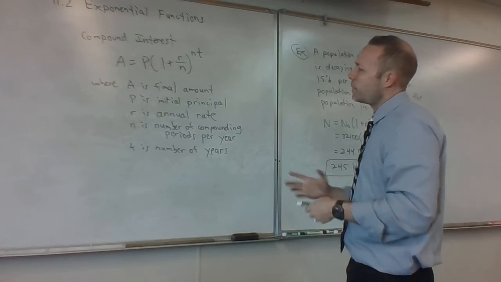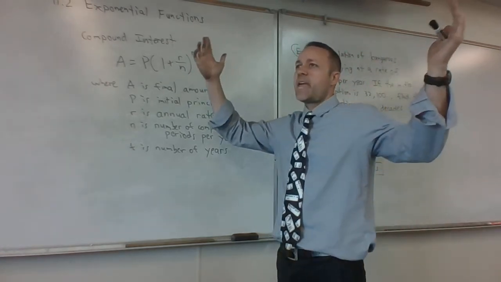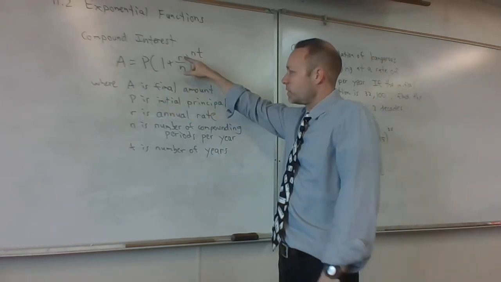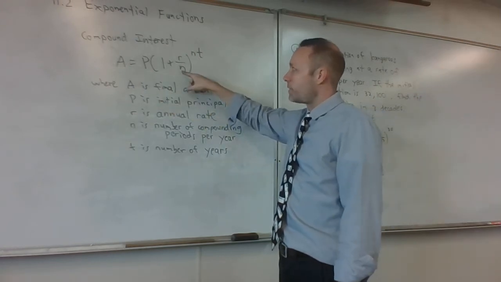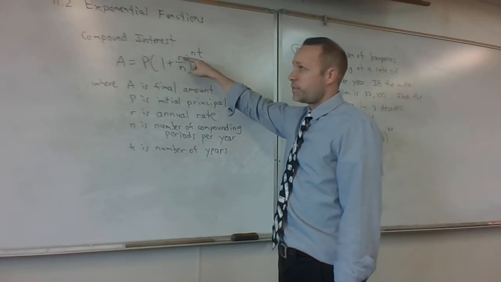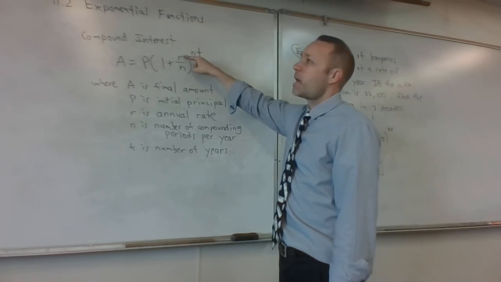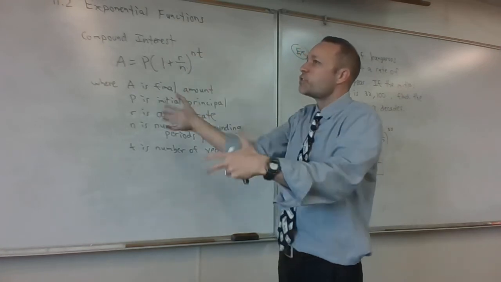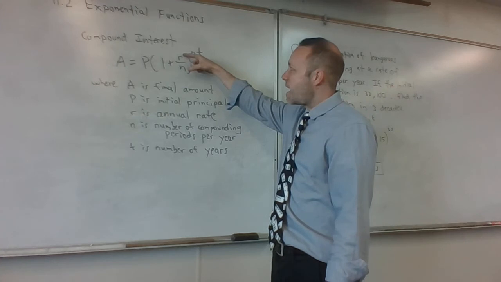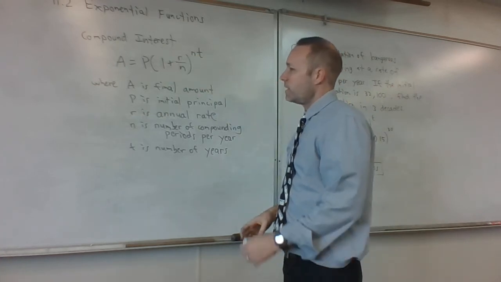All right. So what happens is the R over N. So let's just say it's 8% interest, compounded monthly. Okay? So you'd have 0.08, right? 8% would be 0.08. This is compounded monthly. What that means is each month you're getting 0.08 over 12 is the amount of interest that you get.